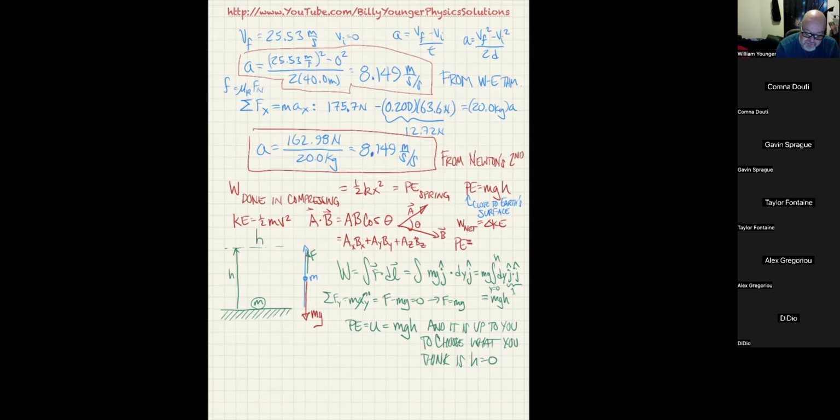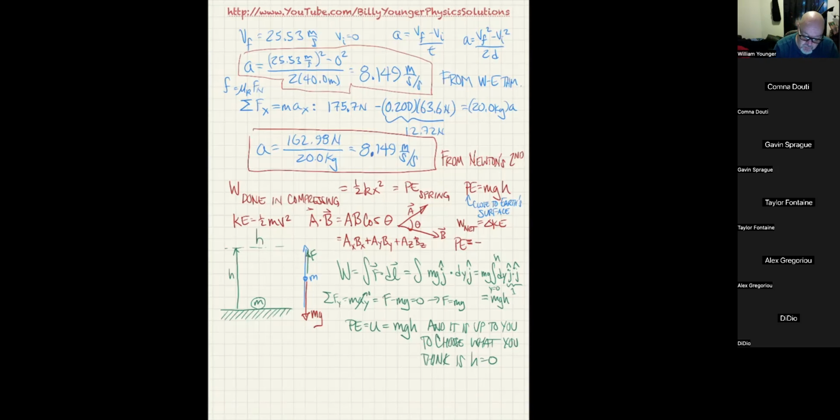you don't have the freedom, when you do this one, of choosing where the zero of height is. This one we have to choose, because of the nature of the law of gravity, that the potential energy is 0 at r equals infinity.